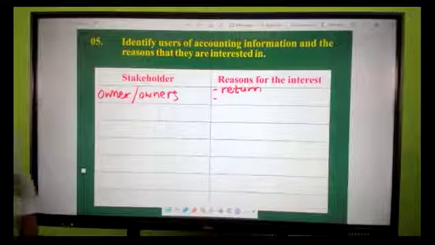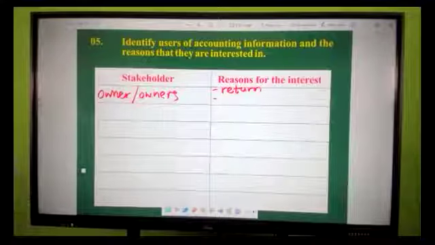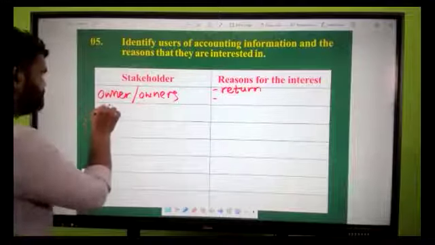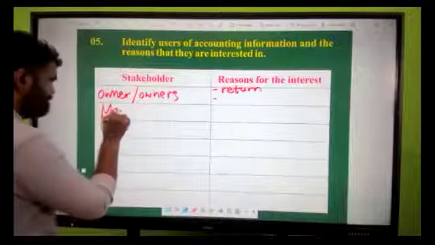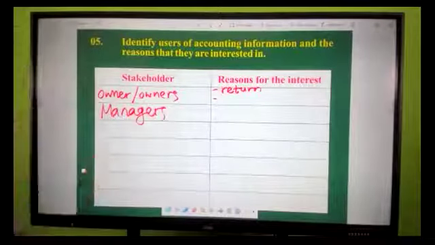Right, that is number one. That is why owners are interested in business activities. Number two, managers.